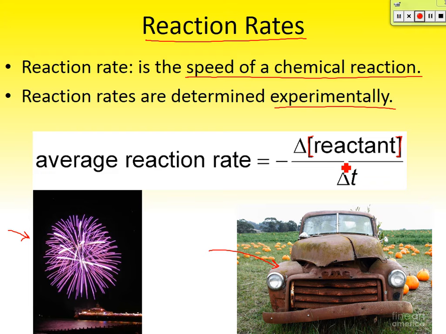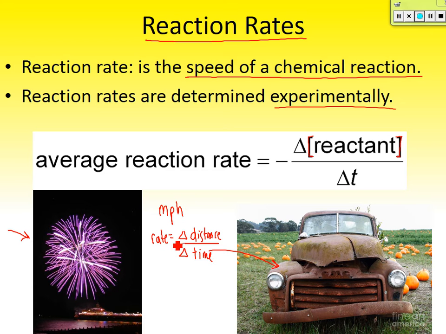And so this equation right here is very similar to something that we're familiar with. If we're talking about the rate that you're moving in your car, we're pretty familiar with miles per hour. Well, it's the same thing. So if you're taking your rate in miles per hour, you're doing miles, which is change in distance, divided by per hour. So again, it's change in time.